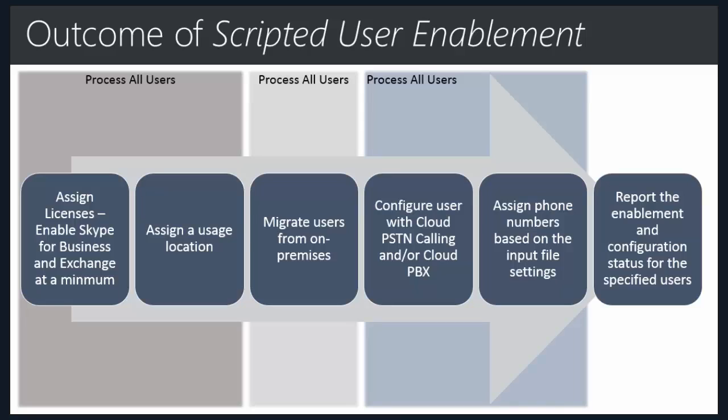At that point, you can make the decisions of whether or not any users need to be spot checked or whether or not there are any errors that we need to fix. It'll also allow you to validate that people have received the proper configuration that you're looking for. And I will report what phone numbers are assigned so that you can then communicate that out to your users or different staff members as necessary.